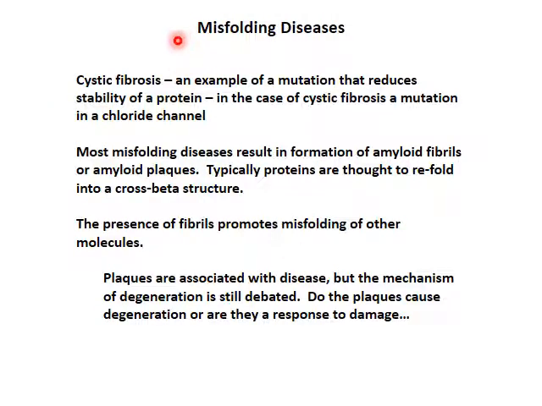Misfolding of proteins is actually involved in a variety of diseases. For example, in cystic fibrosis, there's a mutation in a channel that causes it to misfold, so it can't function right. You have cystic fibrosis from that.